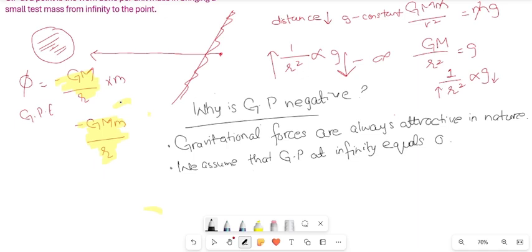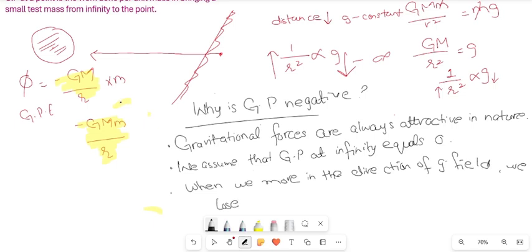Number 3, when we move in the direction of the gravitational field, we lose gravitational potential energy, which means it gets negative because work gets out. Let me explain all of this to you.